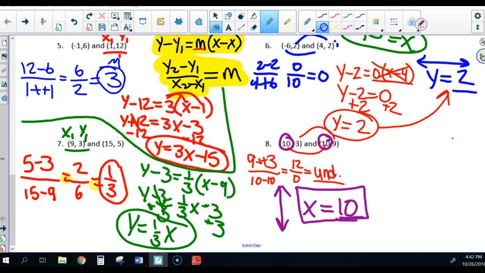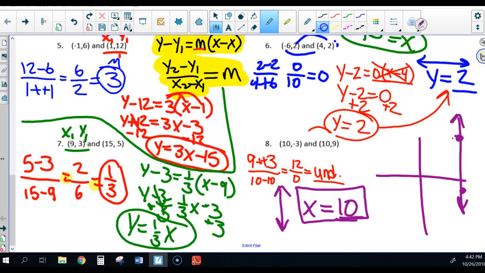If you want to think about what these points look like, sketch a little graph. 10 comma negative 3 is here. 10 comma 9 is here. That's a vertical line shifted to the right 10 units. So x equals 10 is the equation.